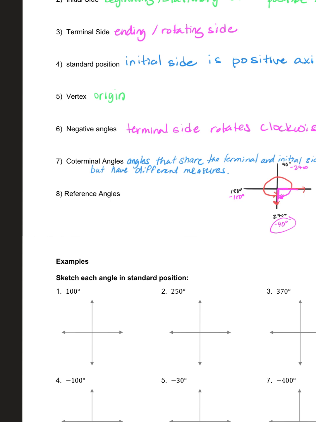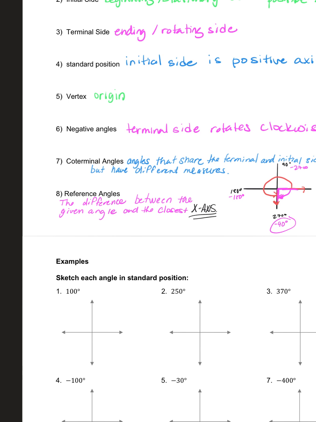It's the difference between the given angle and the closest, very important, x-axis. We'll talk about that in a second. Literally, the x-axis is the x-axis in all this.